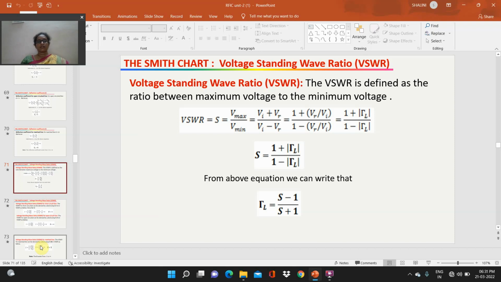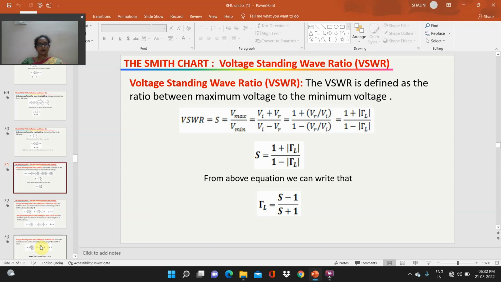From the above equation, we can write that gamma L is equal to (S minus 1) by (S plus 1). V max by V min is (Vi plus Vr) by (Vi minus Vr), which is equal to (1 plus gamma L) by (1 minus gamma L).